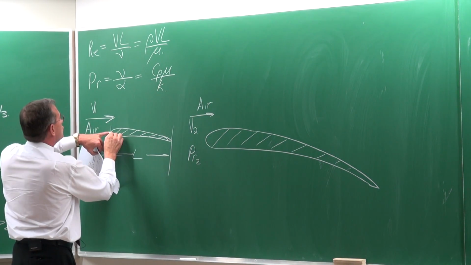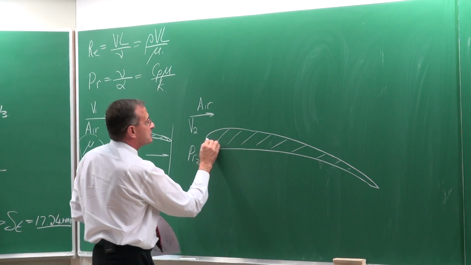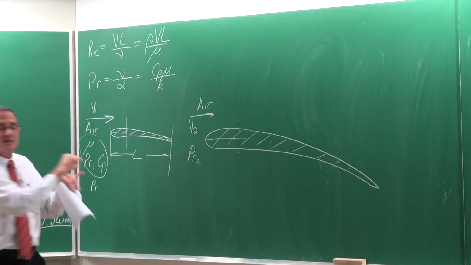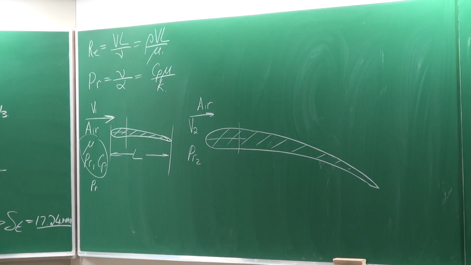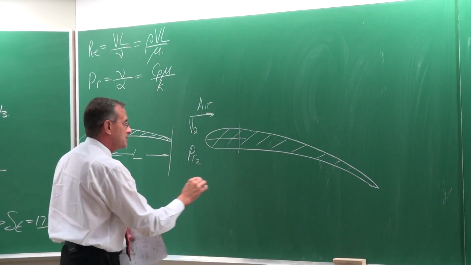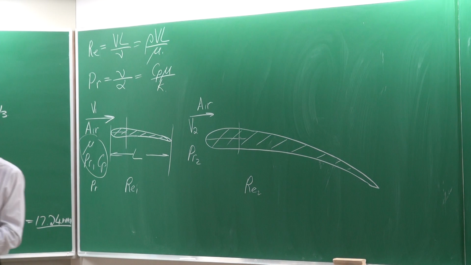If you would look at any specific position X, on the scale, then that distance and that distance will be exactly the same. So they will be geometrically similar. If they are geometrically similar, it means that if we calculate this Reynolds number and that Reynolds number, and they are the same, then the results would be similar.